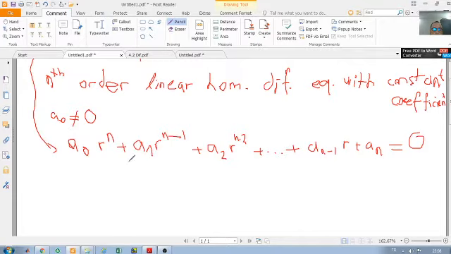Some of the roots can be real and different, some of them can be complex, and some of them can be equal to each other, repeated any number of times.